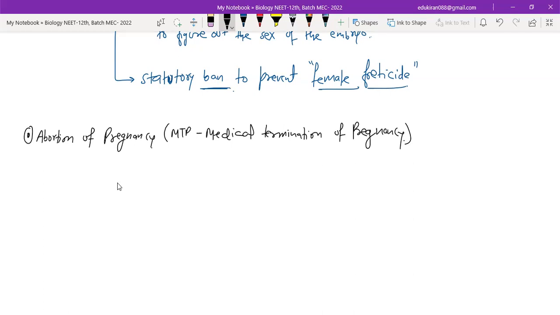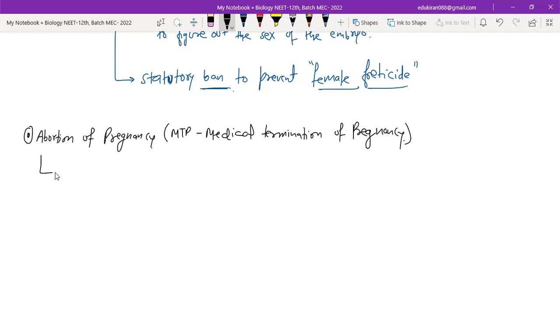Now write down: the medical termination of pregnancy has many social, ethical, emotional, and religious issues involved with it.